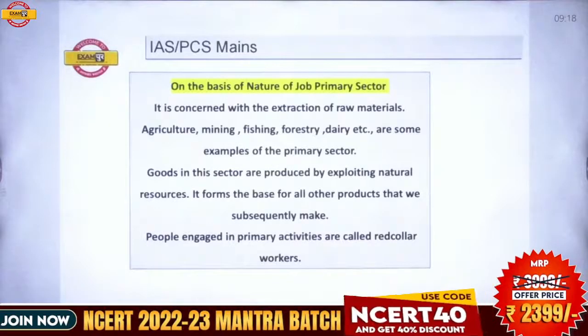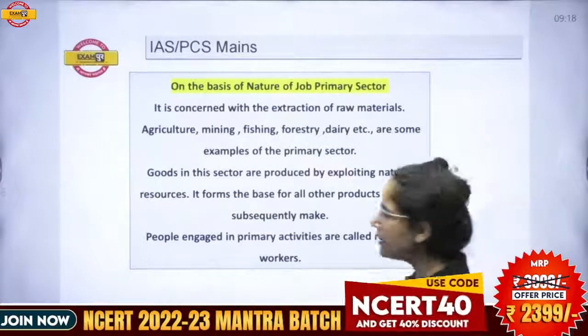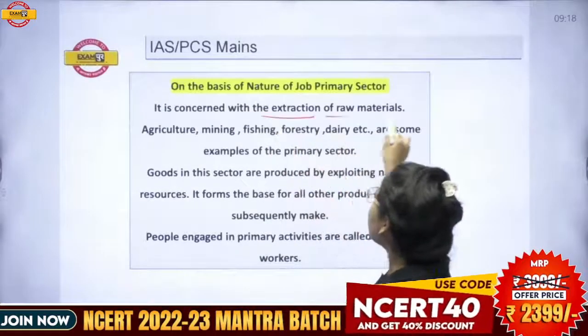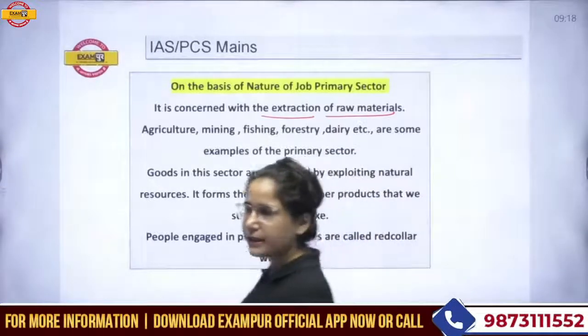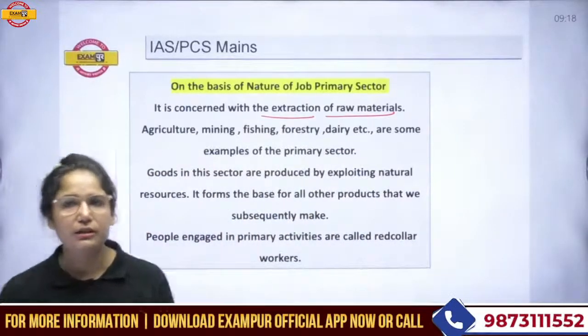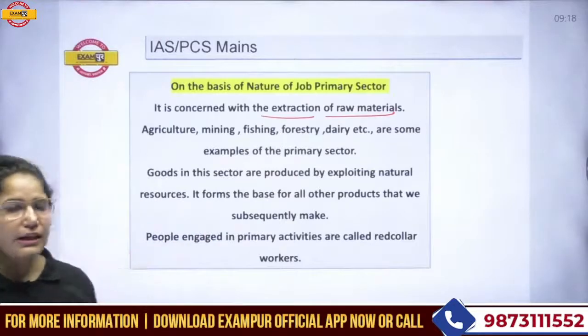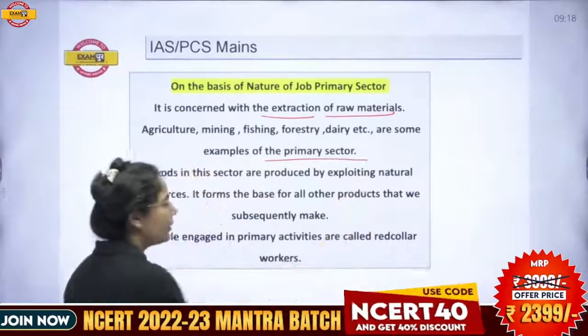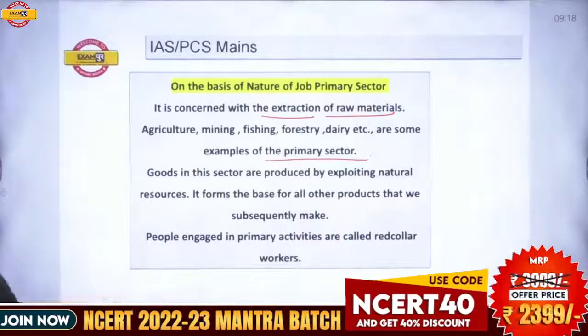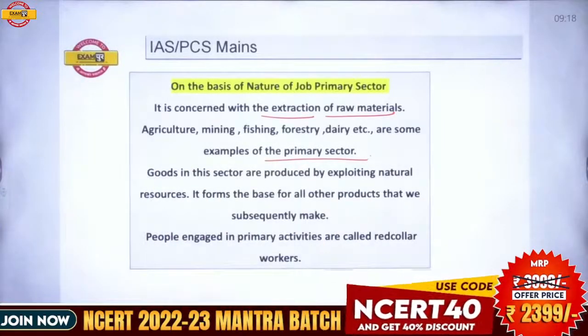On the basis of nature of job, it is concerned with extraction of raw material: agriculture, mining, fishing, forestry, the direct extraction of resources from the planet would be considered the primary sector. So goods in this sector are exploiting the natural resources.